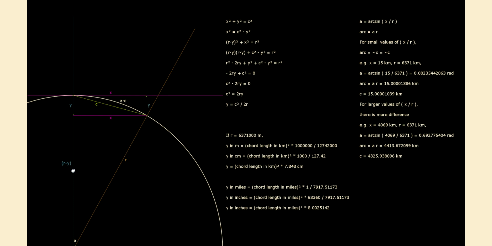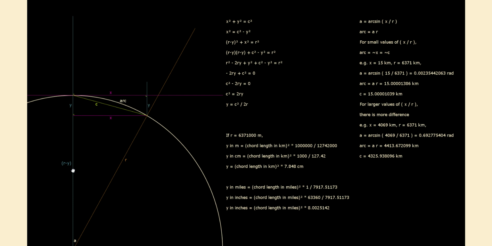Expand (r minus y) all squared: r minus y times r minus y. Plus r times plus r is r squared, plus r times minus y is minus ry, minus y times plus r is minus ry, so it's r squared minus 2ry, minus y times minus y is plus y squared. So r squared minus 2ry plus y squared.